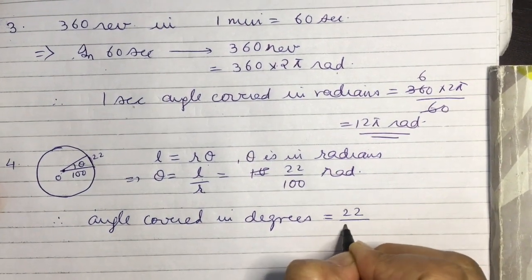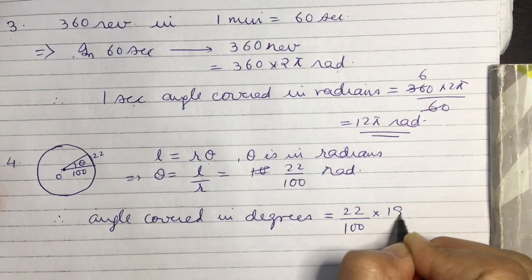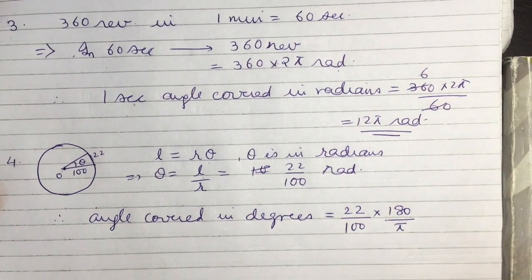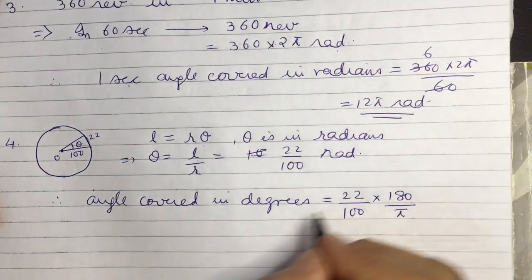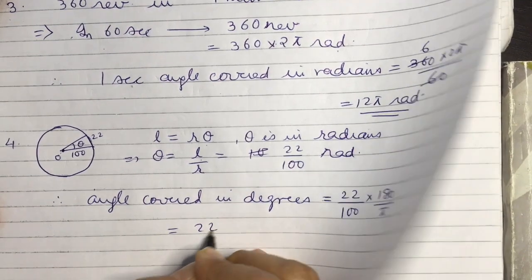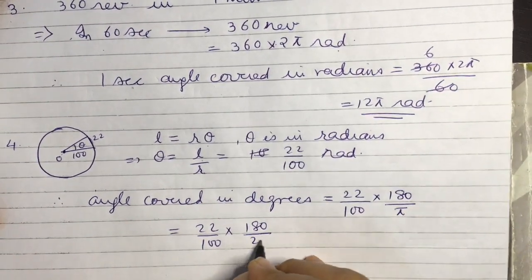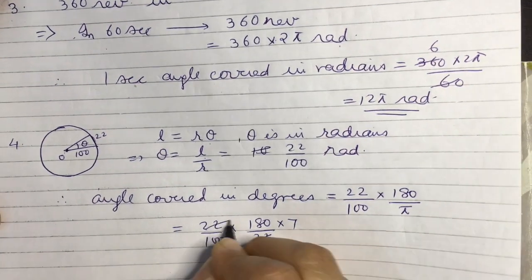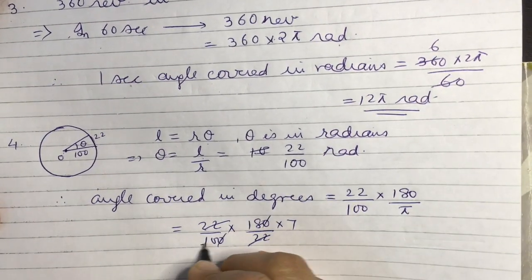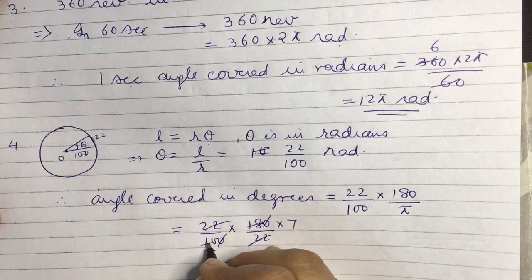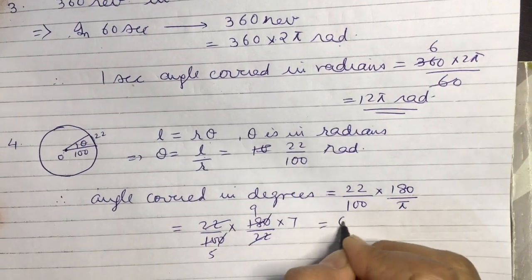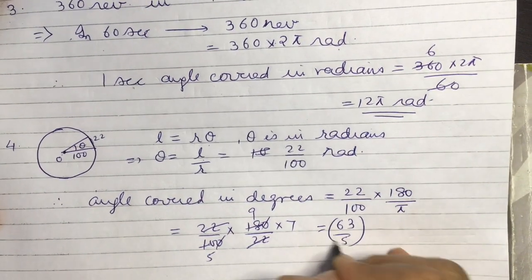So we get 22 over 100 into 180 over pi, with pi as 22 by 7. This gets cancelled, this gets cancelled, this becomes 5, this becomes 9. This becomes 63 over 5 degrees.